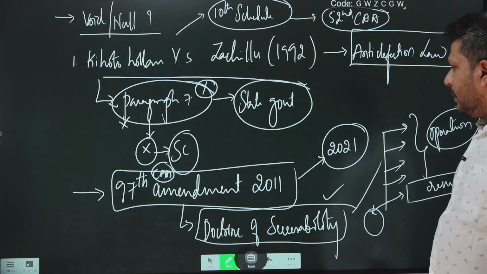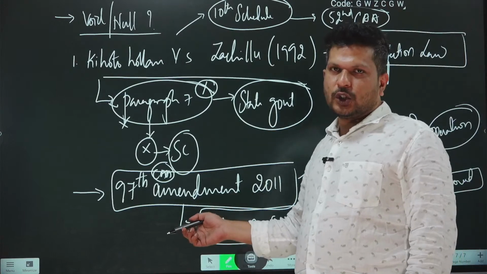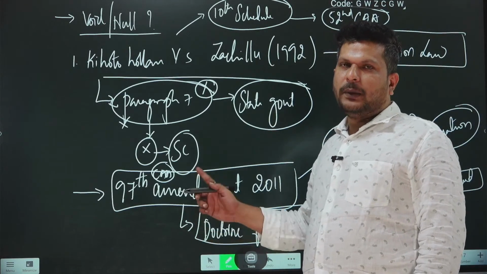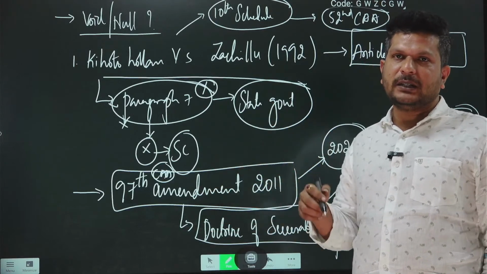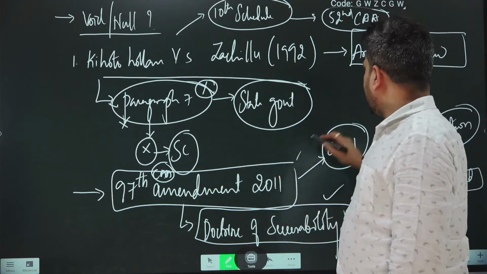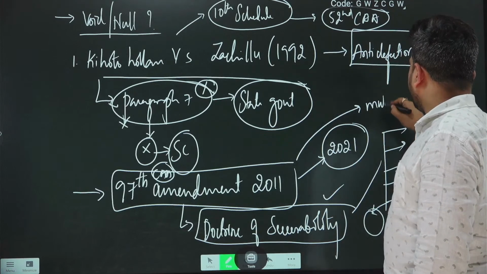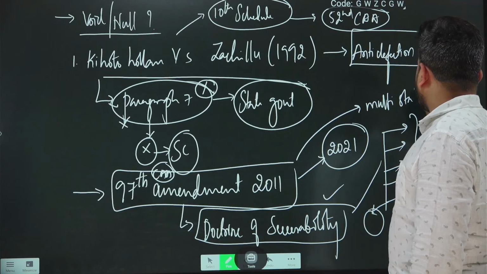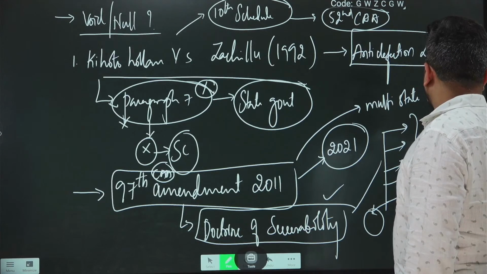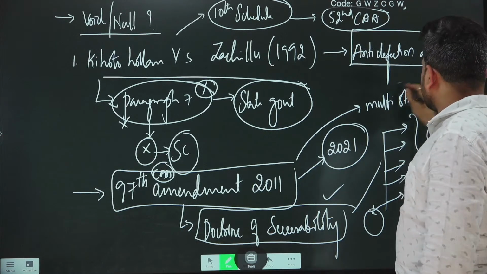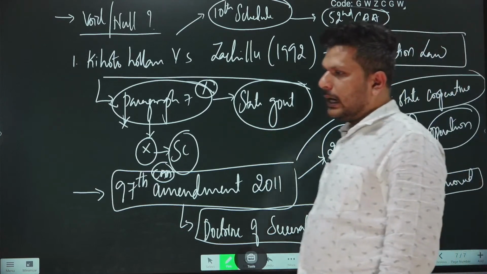In the same way, under the 97th Constitutional Amendment Act, the cooperative society provisions which were interfering with the state government's powers were removed and only the multi-state cooperative societies provisions were kept active.